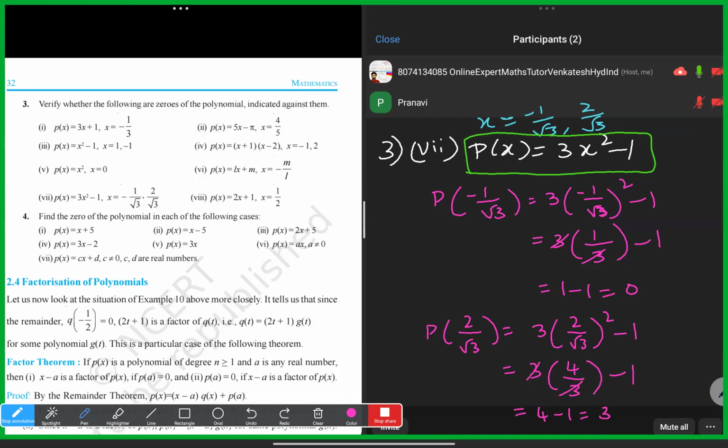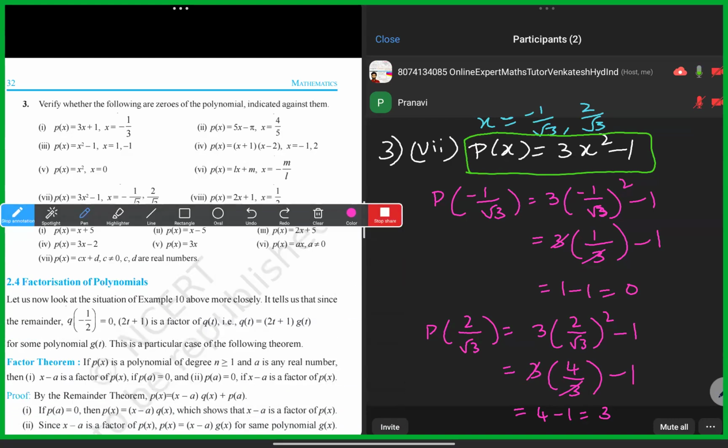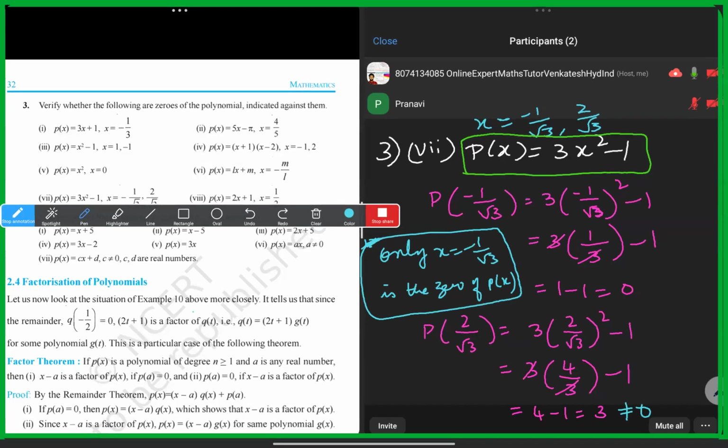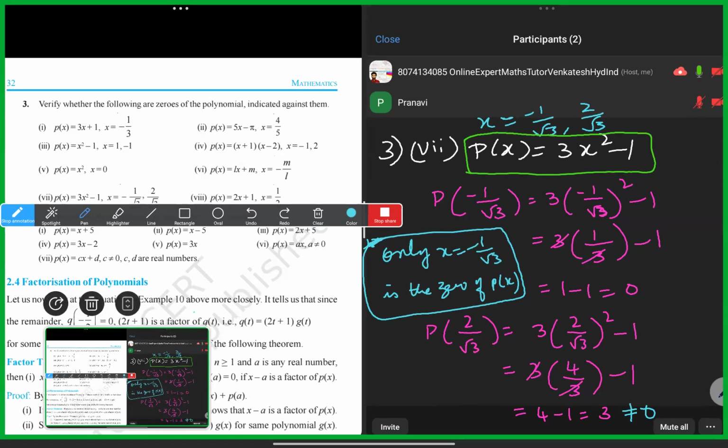So we write here only x is equal to minus 1 is the 0 of p of x. Only this, because this 3 is not equal to 0, so that is not the 0, only minus 1.